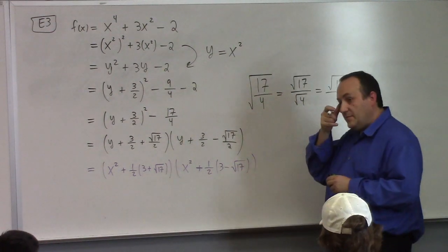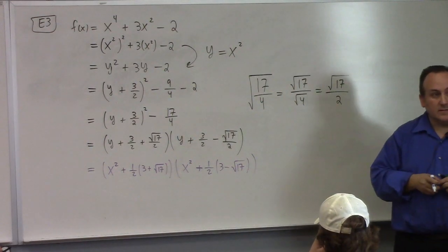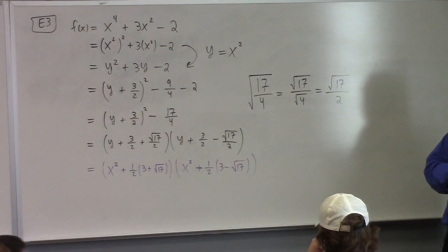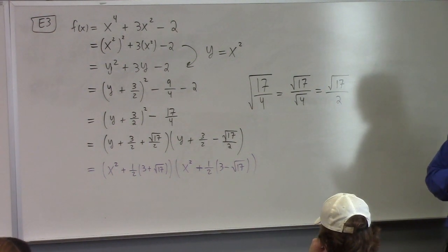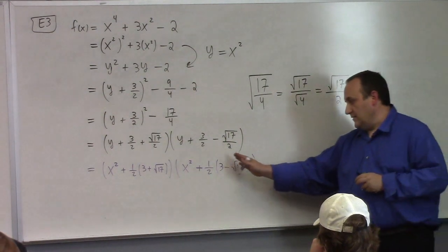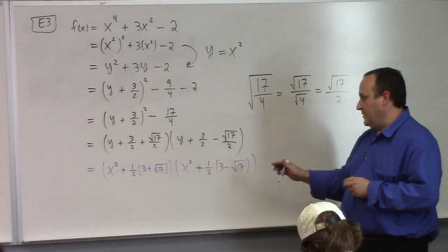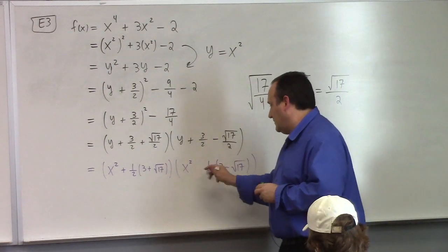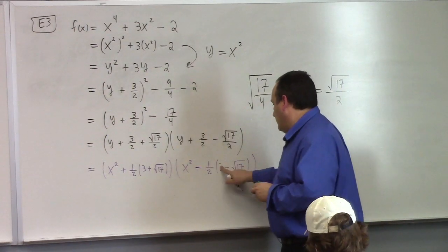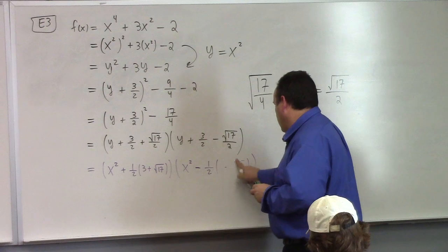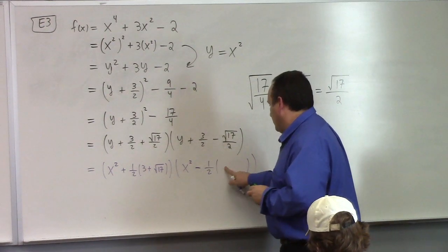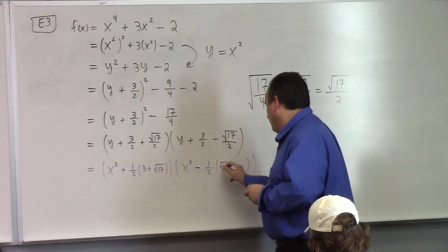I'm pretty sure that 3 minus the square root of 17 is a negative number, because the square root of 17 is bigger than 4, because the square root of 16 is 4. So what we're looking at here is a negative number. To be fair, it would be better for me to write a minus here and change the order to square root of 17 minus 3.